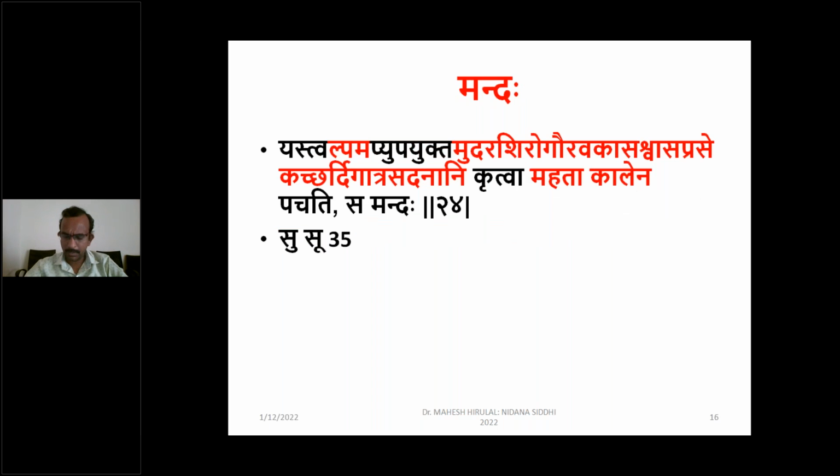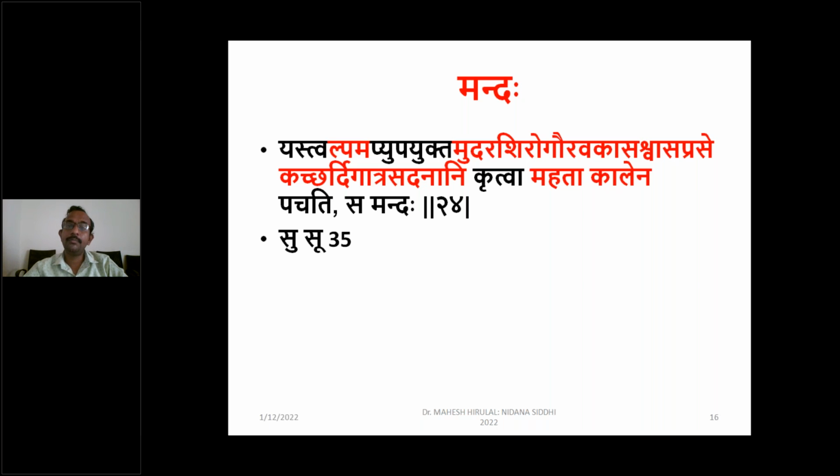Coming to the Mandagni, we know that Mandagni is the cause of all diseases. Sarva rogo mandagnopi. Repeatedly we will say that Sarva rogo mandagnopi. The understanding of Mandagni in relation to the Annavaha srothas is Alpam Mahata Kalena. The person is taking a very small quantity of food, but it takes a lot more time for digestion.